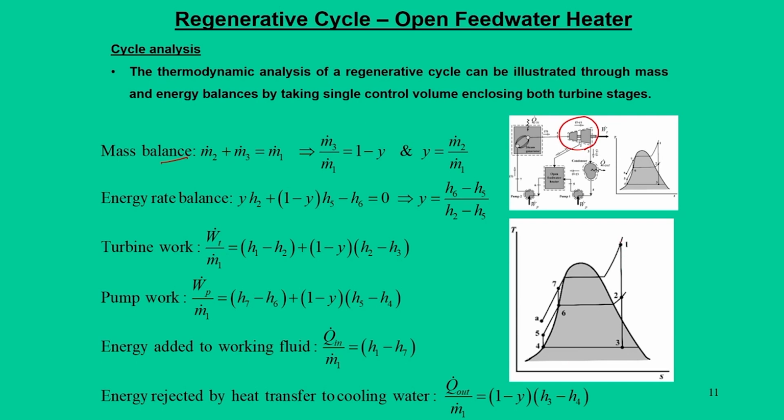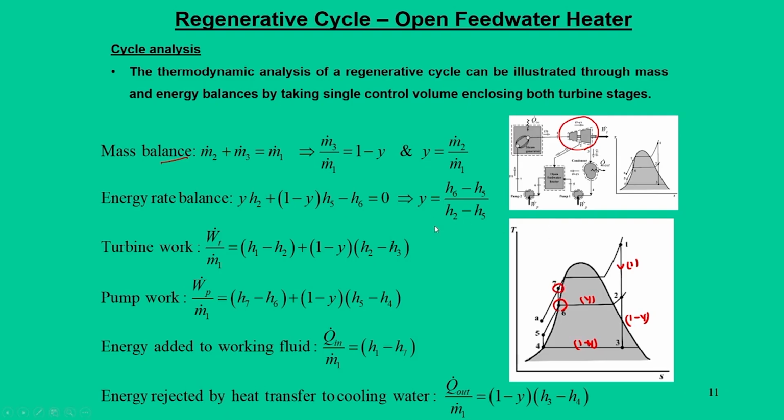So, we say that at state 1, 1 unit or 1 kg of steam enters, and at state 2 we take out y kg of steam, and the rest of the steam, 1 minus y, is allowed to expand in the second stage turbine. Then subsequently 1 minus y goes into the condensing unit, and ultimately at state 6 both the fluids mix and that goes to state 7.